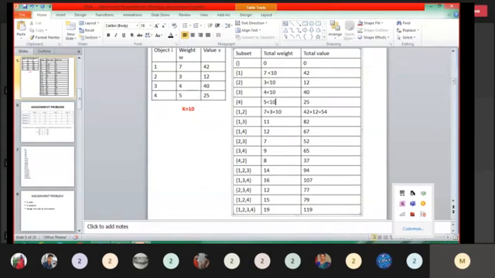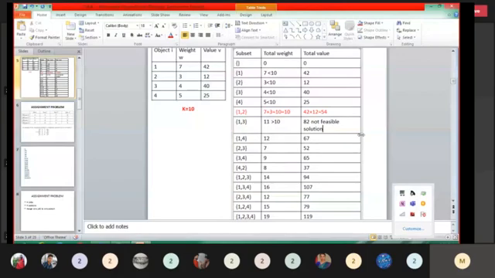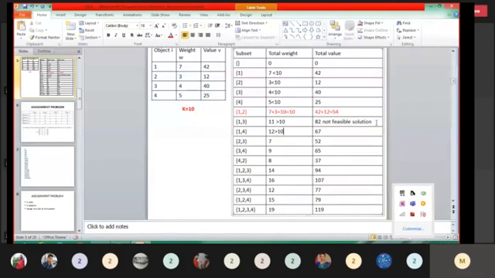So this is the feasible solution. We need to compare all the values. This value exceeds the bag capacity, so it is not a feasible solution. Clear? 12 is greater than 10, also not feasible. 14 is not feasible. 16 not feasible. 12 not feasible. 15 not feasible. 19 also not feasible.